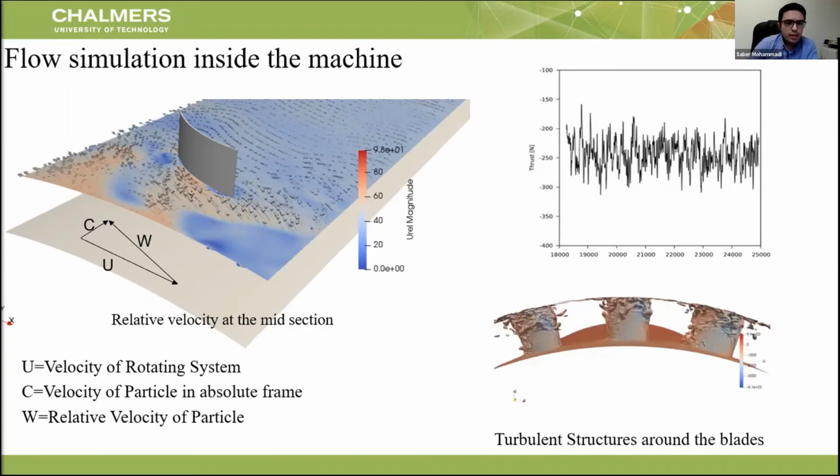It's obvious that at this section, they are approximately aligned with the chord line of this fan blade. It shows that they enter directly to the fan blade and they don't have any special angle of attack to this blade at this section.